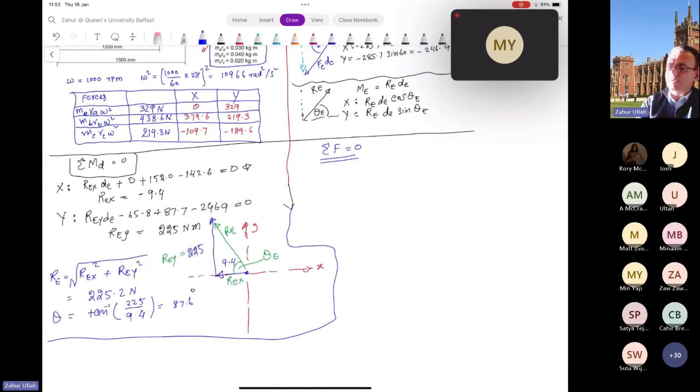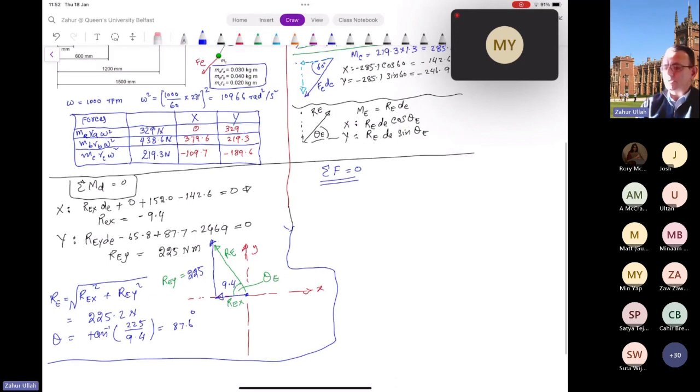Because we already have, in this table, the X and Y components of all these three forces, we just need to add them, and then we will get the result.